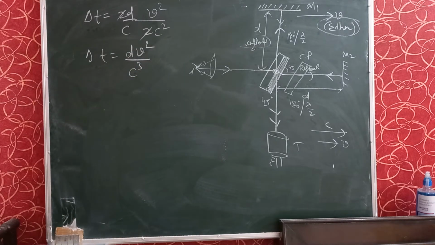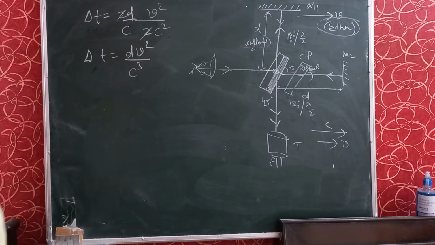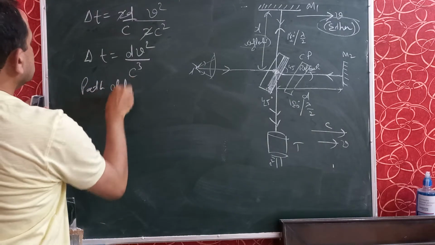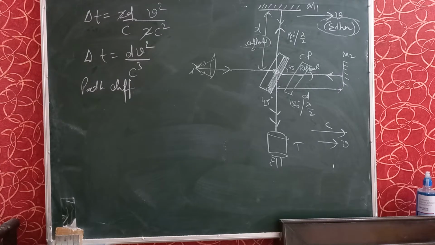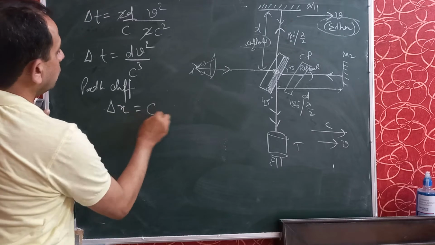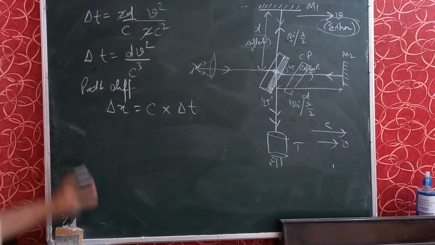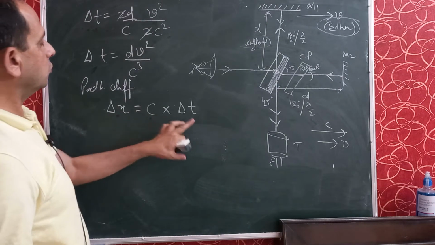If there is a difference between time, then there must be a difference between their paths. So, the path difference corresponding to this time difference can be calculated by path difference delta x is equal to velocity into delta t, okay, because distance is equal to velocity into time.